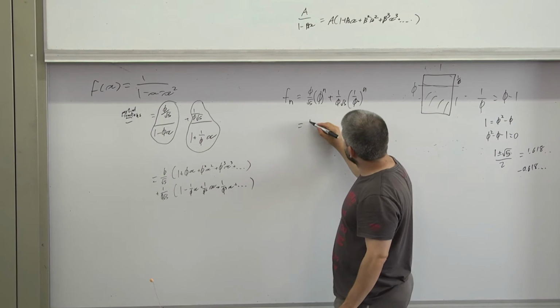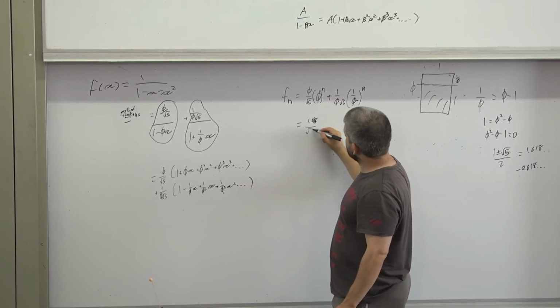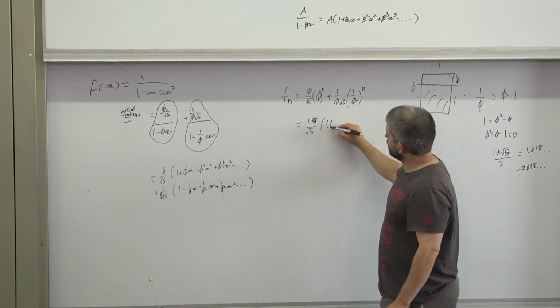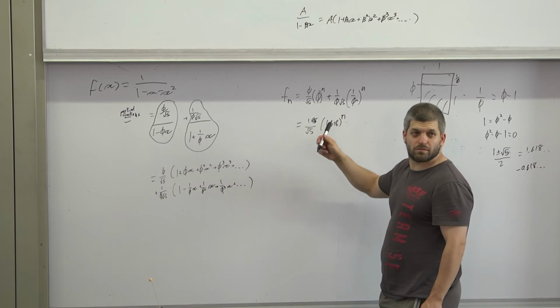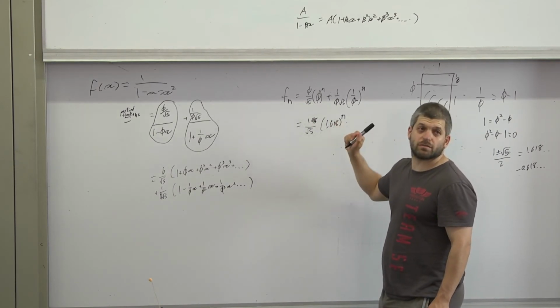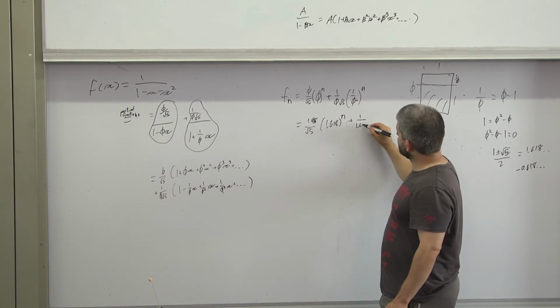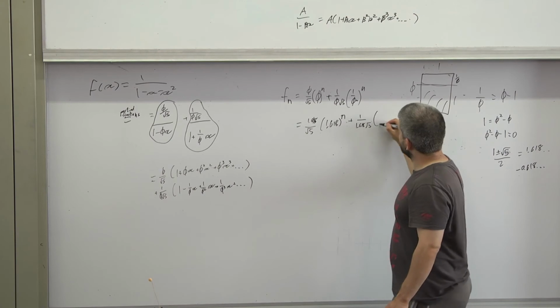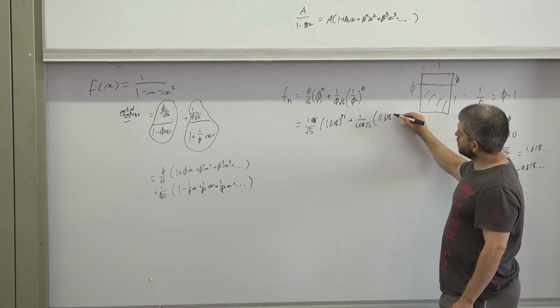Okay, so this is like 1.618 over root 5 times 1.618 to the n. Okay, that's the geometric term. We've just written the Fibonacci numbers as the sum of two geometrics. Plus 1 over root 5 times 0.618 to the n.